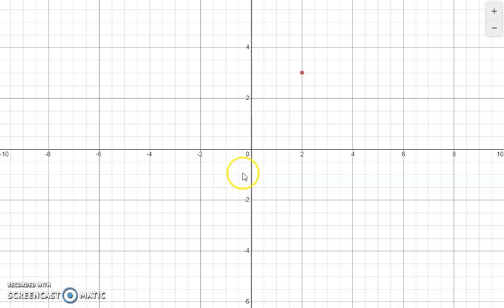If I wanted the point, say, -2 and -3, we would go left 2 units and down 3 units, so about here. And we can check that. And, oops, wrong spot. There we go. -2, -3 is right here.